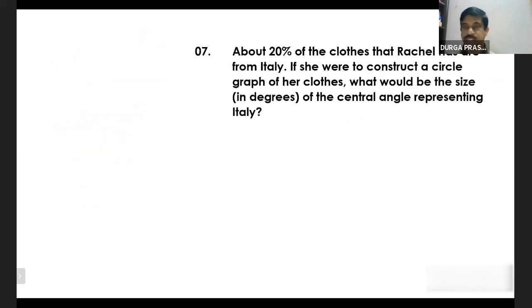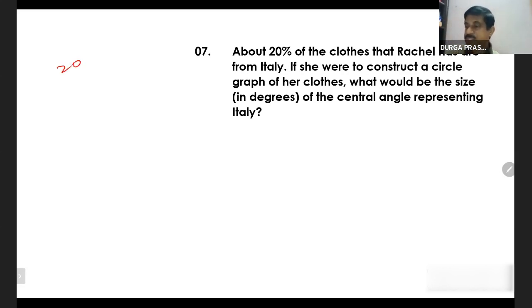Okay, let us look at this question. About 20% of clothes that Rachel has are from Italy. If she were to construct a circular graph of her clothes, what would be the size in degrees of the central angle representing Italy? So we need to find out the angle in degrees.